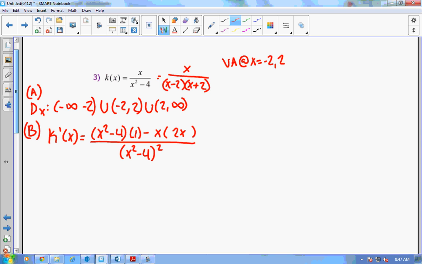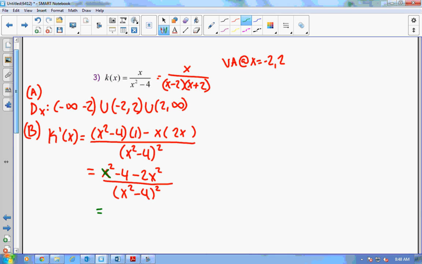Okay, so to keep equivalent statements, I'm going to put an equal sign right underneath it. This becomes x squared minus 4 minus 2x squared. Correct? Any questions about that? The denominator stays the same. Now I can simplify.